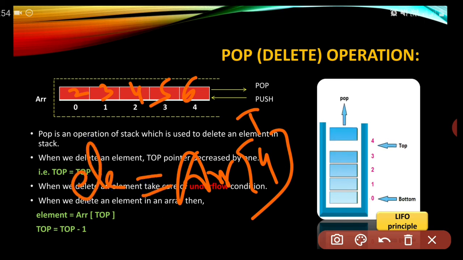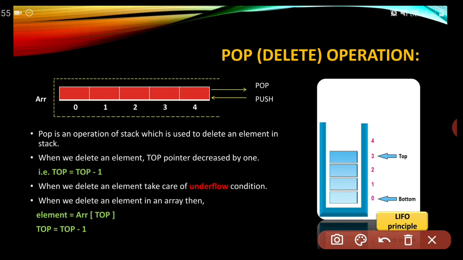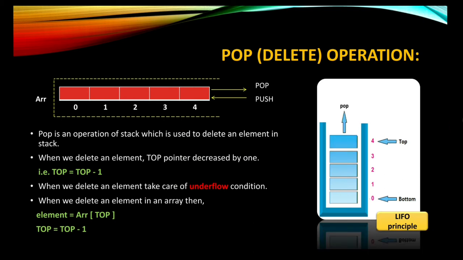Here I am keeping that element and afterwards I am going to decrease that top. And then the position of the top pointer comes from 4 to 3 and this element will be deleted. In this way we have to move further with the pop operation. One by one we are going to delete an element and the top pointer decreases by 1.